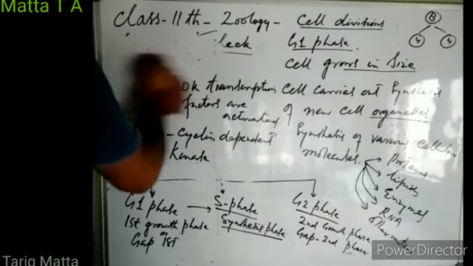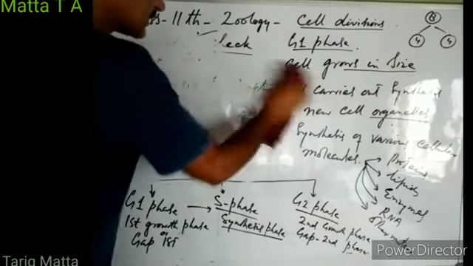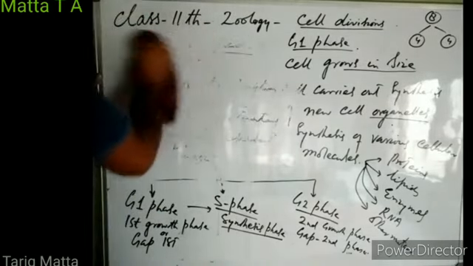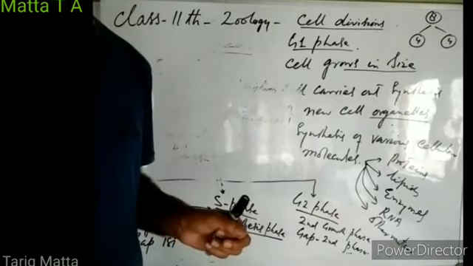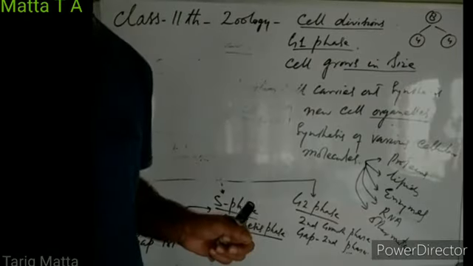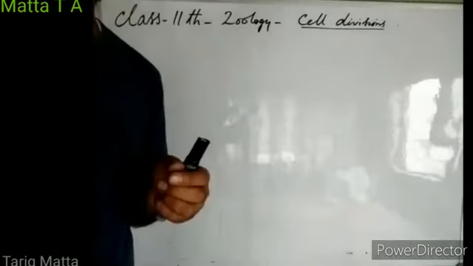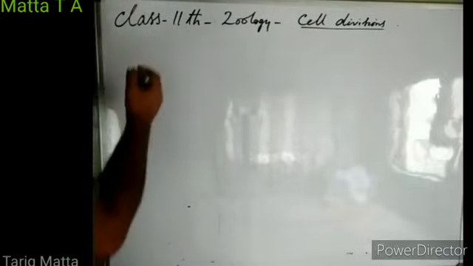Now we will see what happens in the S phase. The second phase is known as the S phase. We will see what happens there in the S phase. Now S phase.